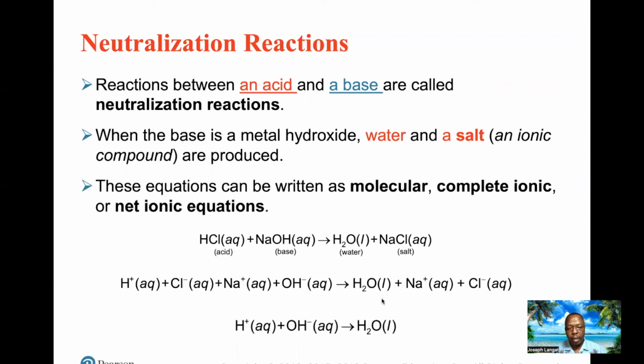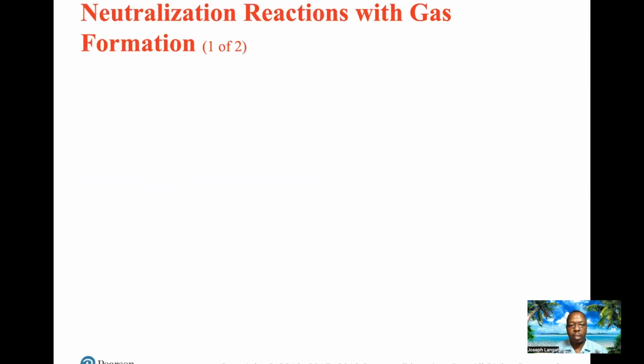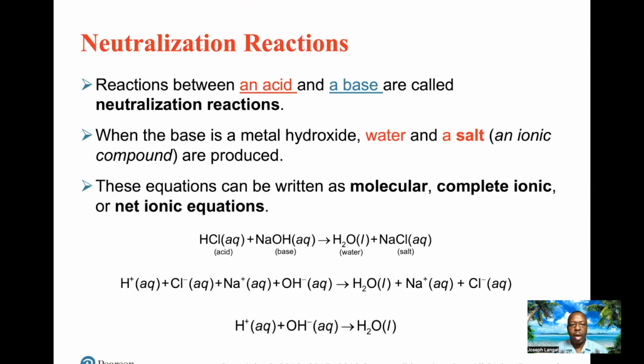And then finally, we have the net ionic equation. A net ionic equation for acid-base neutralization always produces what? Always produces liquid H2O at the end. But be careful whenever you are writing the net ionic equation for a weak acid, okay?